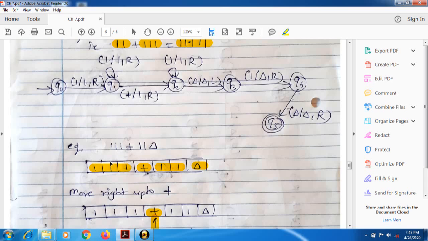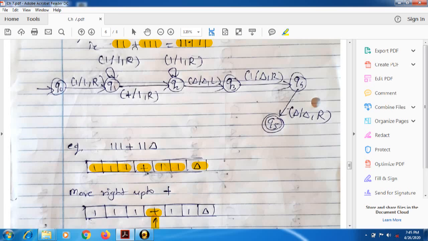At the first stage, what we have done is moved our cursor up to the plus symbol. Meaning we take Q0 with 1 towards Q1. After that, I have written here that 1 is replaced by 1 and it moves towards the right as a loop, because till we get the plus symbol on our tape, we have to move towards the right side.